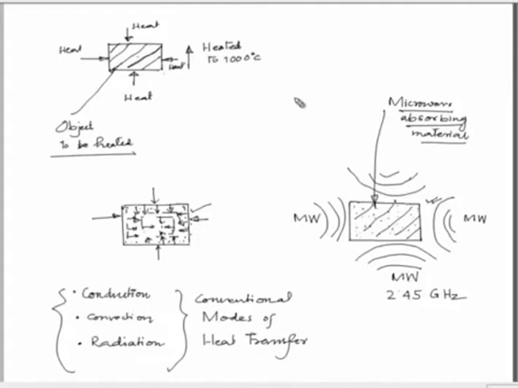We will not be allowed to select our own frequency because of some other restrictions, like some frequencies are continuously being used for communications, some others for other purposes. Therefore, there are certain frequencies which are allotted worldwide for use in material processing.